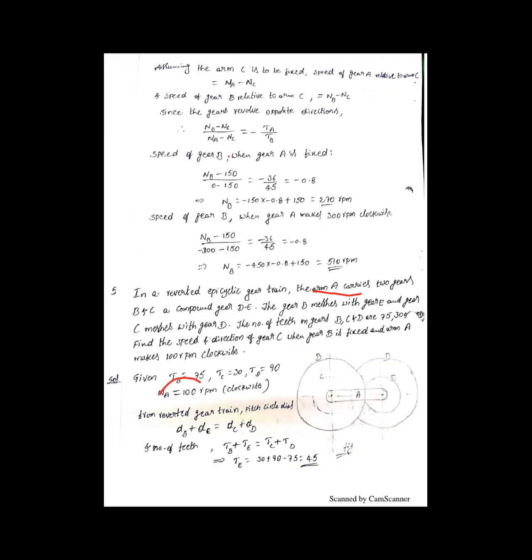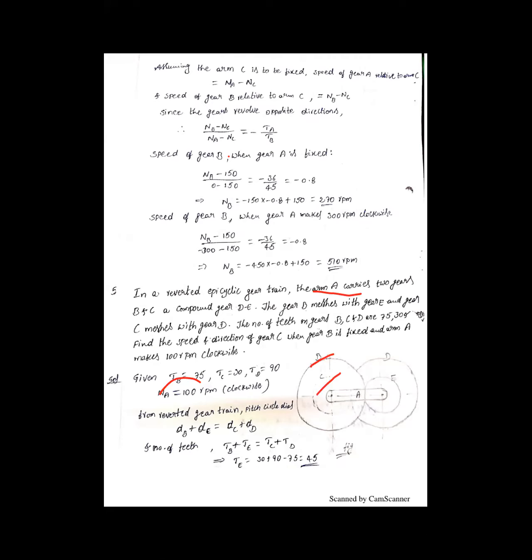Gear B meshes with gear E. So now you will see that it seems to be a reverted gear train. The representation is B and C, and D is the compound.